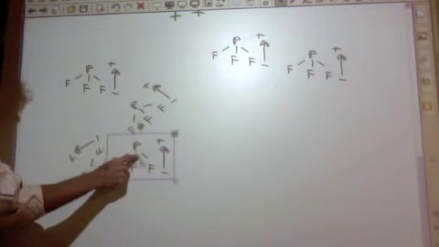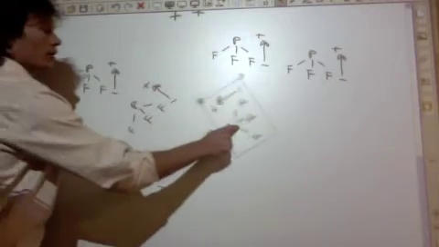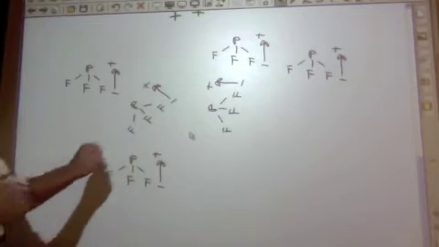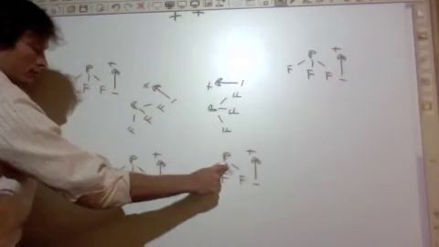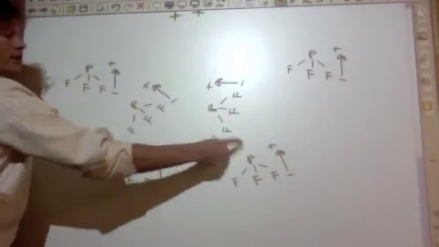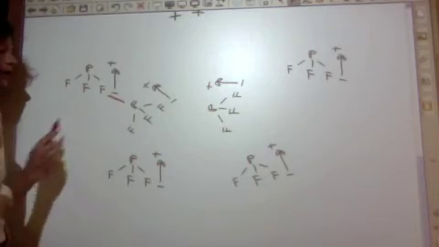Now that positive end gets attracted to that negative end. And now that positive end gets attracted to that negative end. And I've got this positive end getting attracted to this negative end. So this is another form of intermolecular forces.